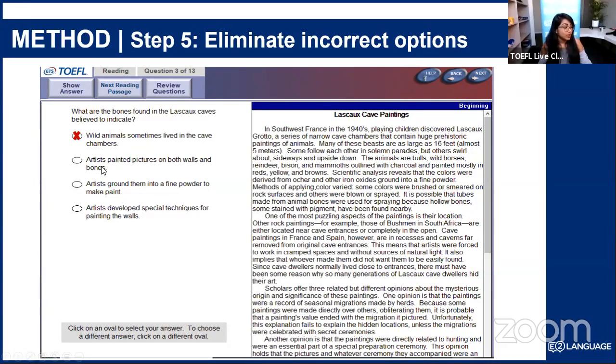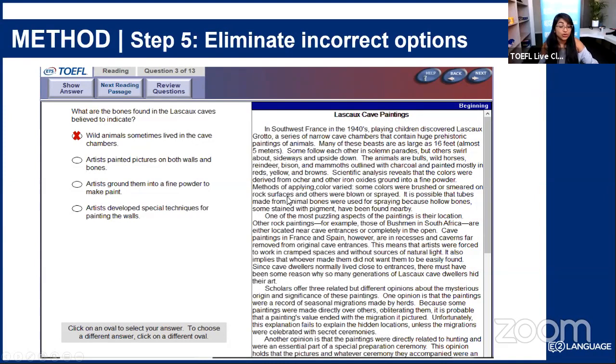How about the second one? Artists painted pictures on both walls and bones. Let me know in the chat box. Do you think this could be the correct answer? Okay. Some of you said yes. Well, not really, because it doesn't say that they painted on the bones.